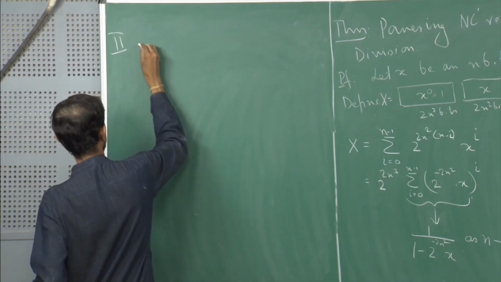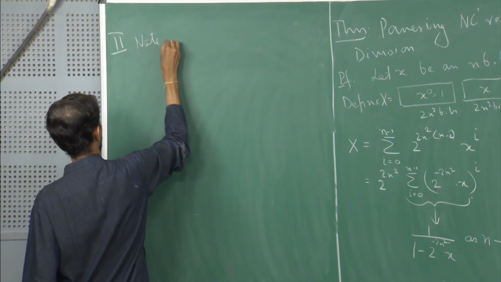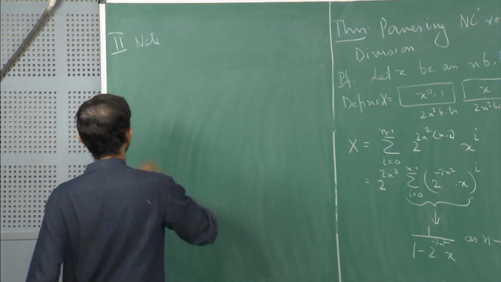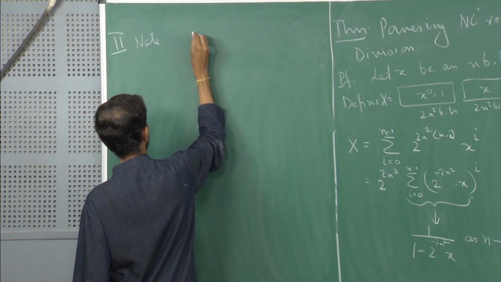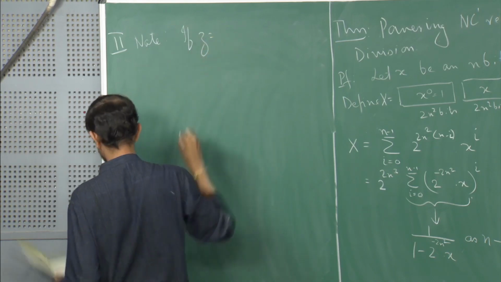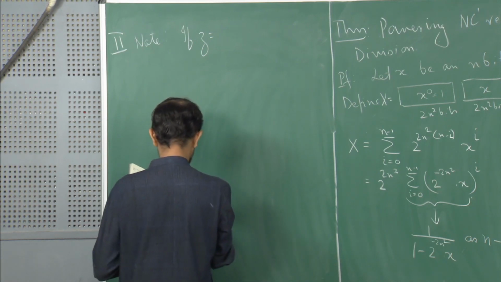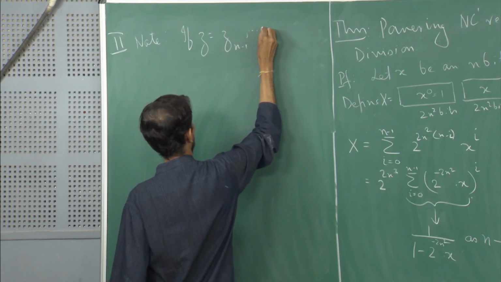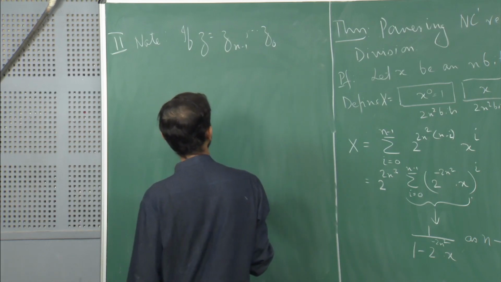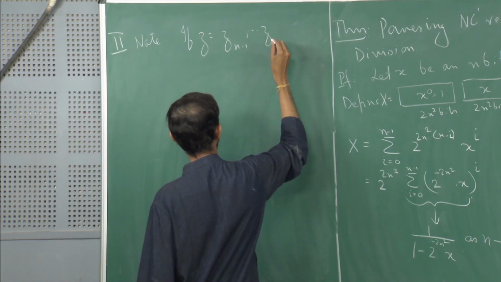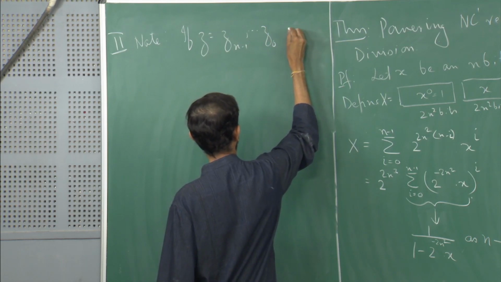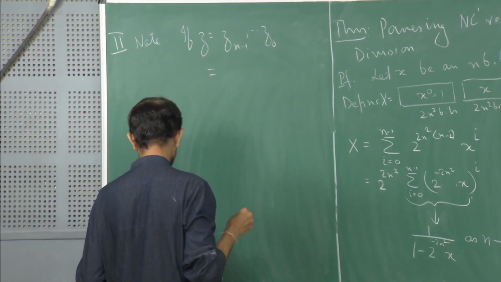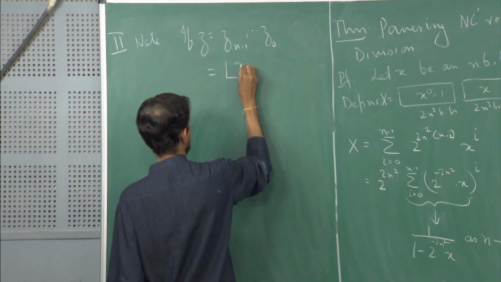Note that if I have a remainder, so if z_{n-1} up to z_0 is equal to x.